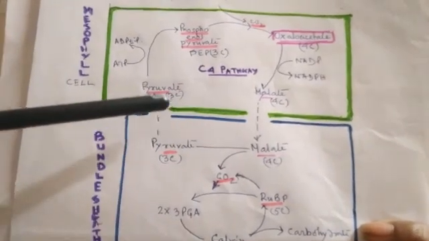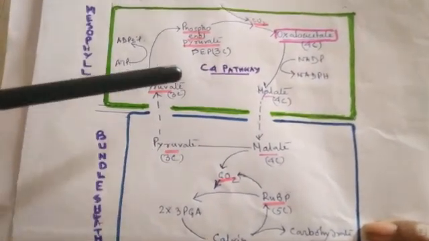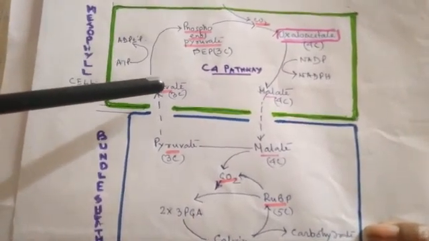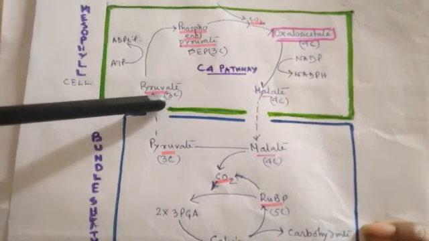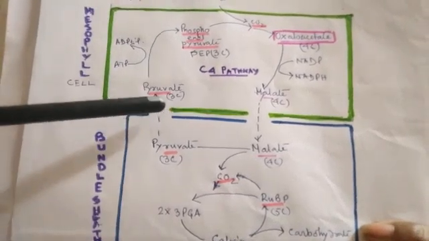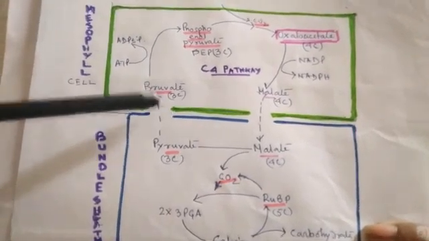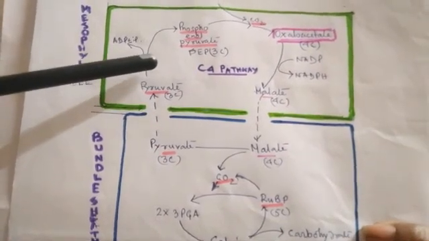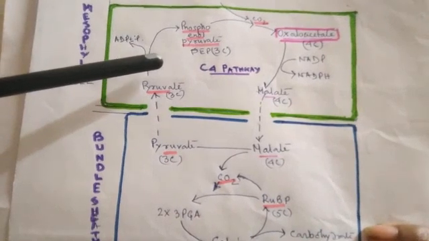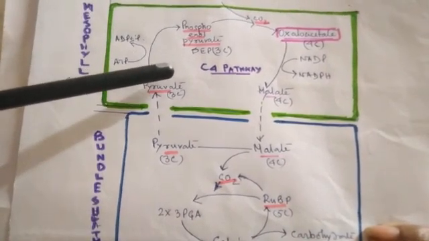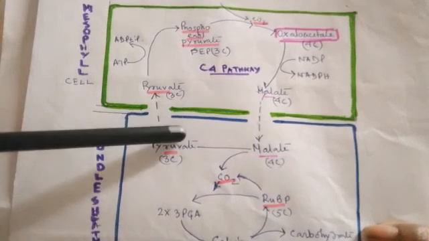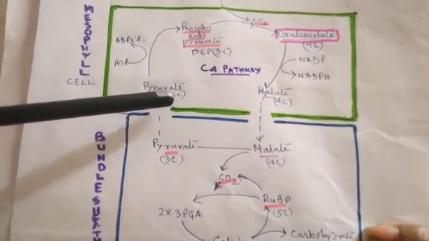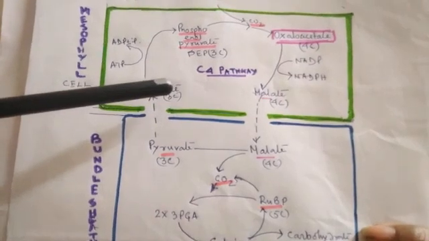But the question is that if it is so efficient, why are most of the plants not adapting this C4 pathway? Instead they are still adapting the C3 pathway. Clear? Because the C4 pathway requires more energy for formation of one molecule of glucose. The C4 pathway needs 30 ATP, which is much higher than what the C3 pathway requires.